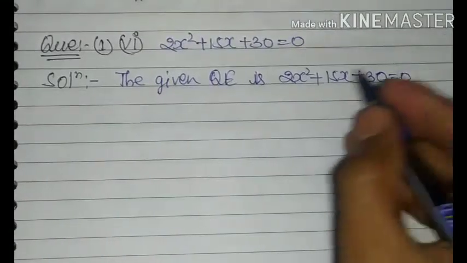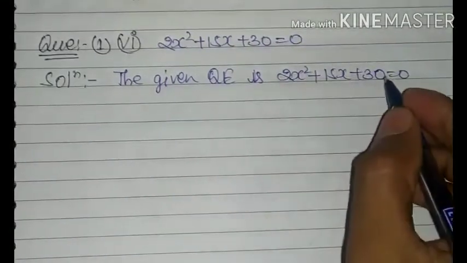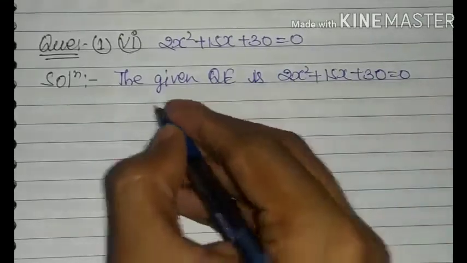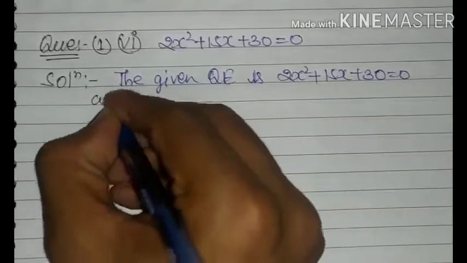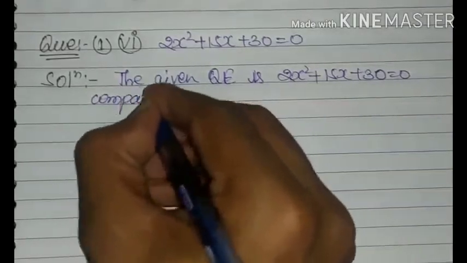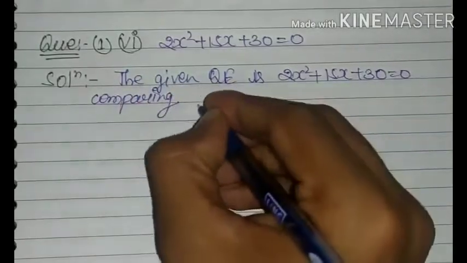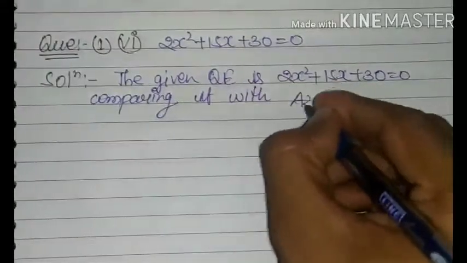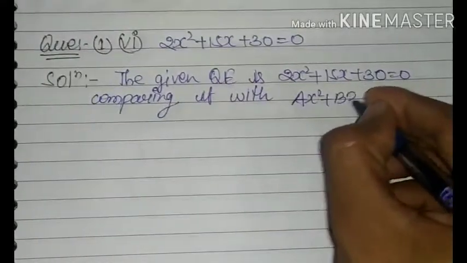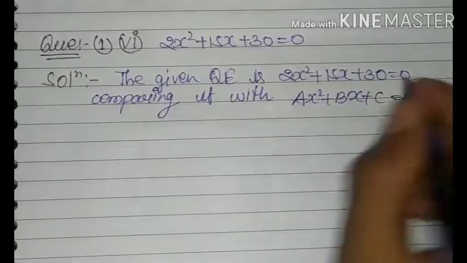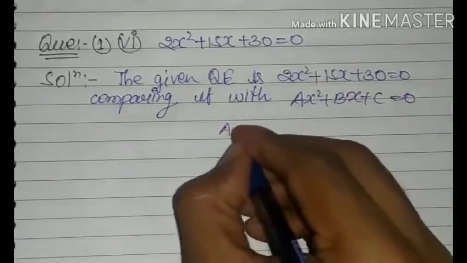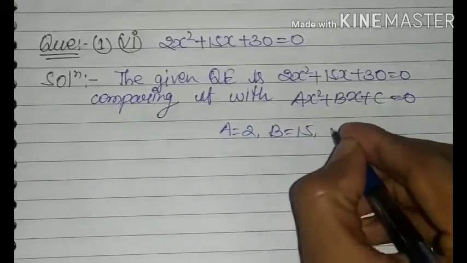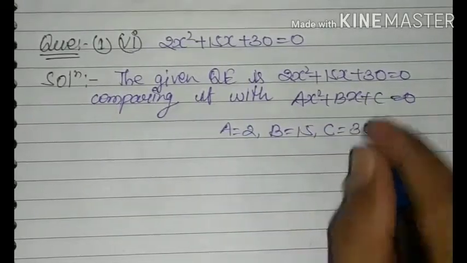I'm going to compare it with the standard quadratic equation ax square plus bx plus c equals to 0. Then we will get a equals to 2 and b equals to 15 and c equals to 30.